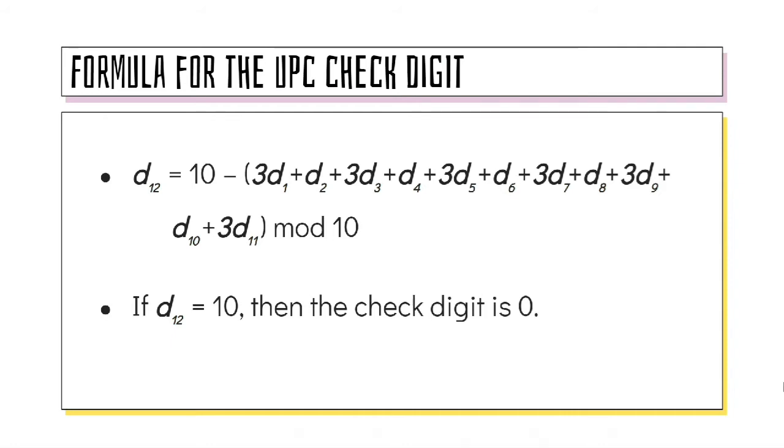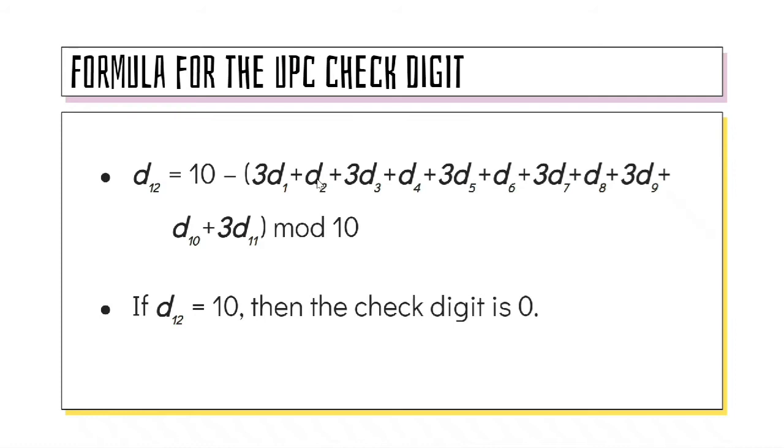Noticing it, class, it is quite the same as the formula for the ISBN check digit. However, this is up to only the 11th digit, since a UPC has only 12 digits. And also, in the UPC check digit formula, the odd digits of the UPC are multiplied by 3, and the even digits are as is.